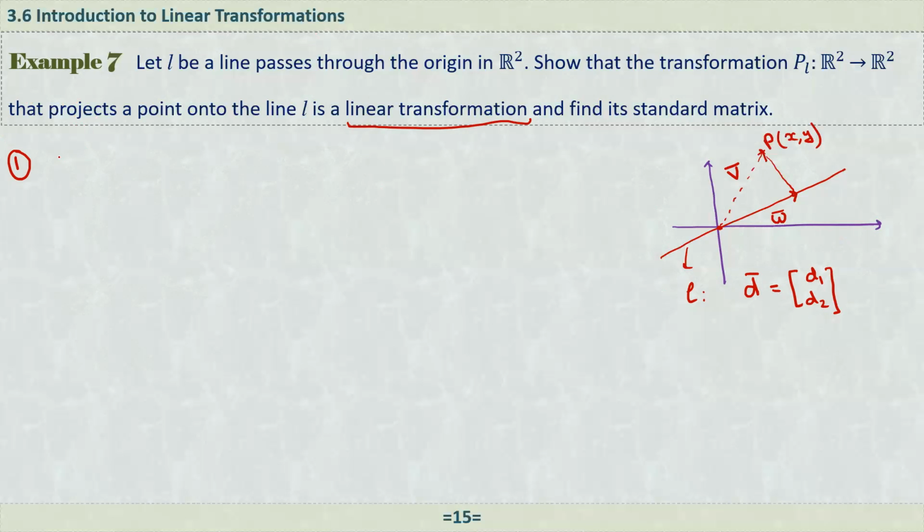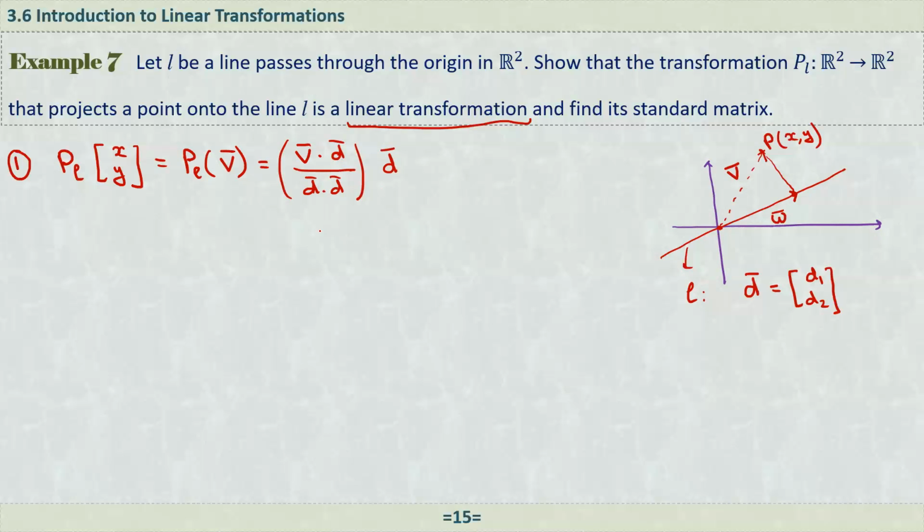Here we have this x and y, or simply I can write PL of V, the projection of V onto the direction vector D, that is V dot D over D dot D, where these are vectors and this is a scalar, times vector D. This is how we evaluate the projection of one vector onto another vector. That is what we learned in chapter 1.